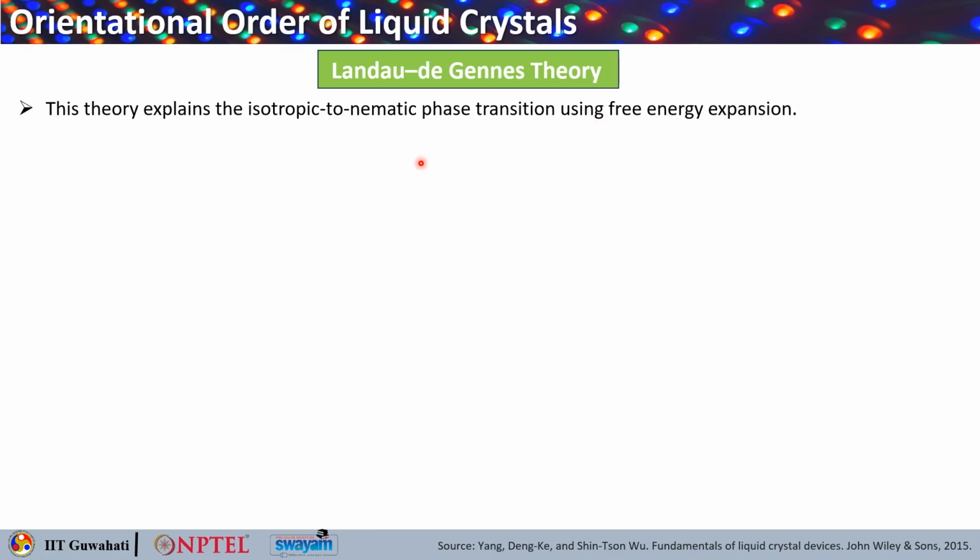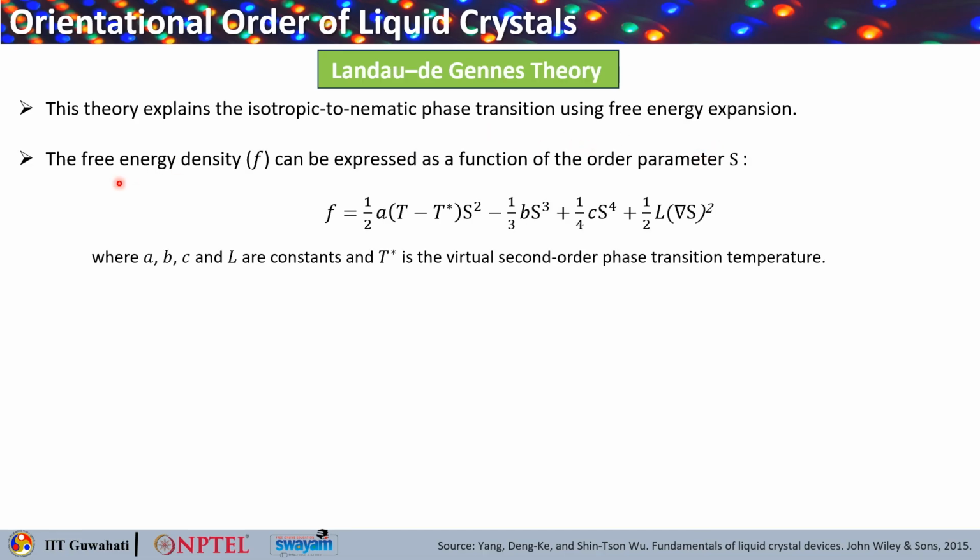This explains the isotropic to nematic phase transition using the free energy expansion. The free energy density F can be expressed as a function of the order parameter S. Here they are trying to relate the two domains of thermodynamics and this orientational ordering that you have seen for liquid crystals.